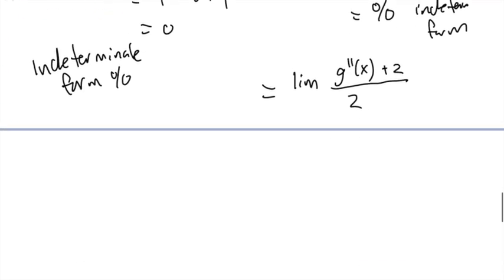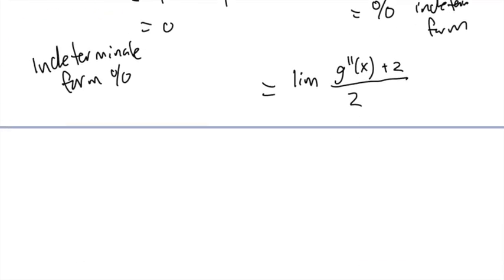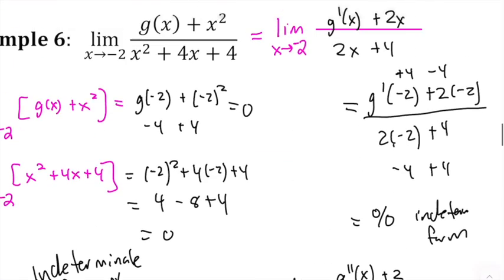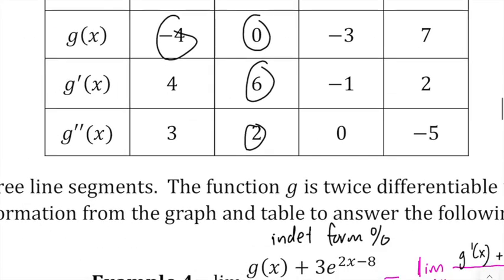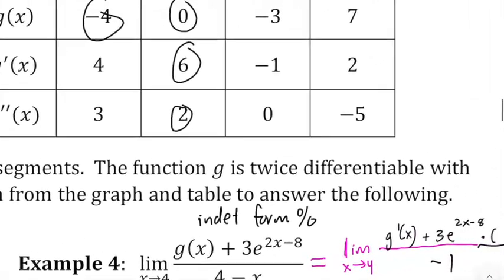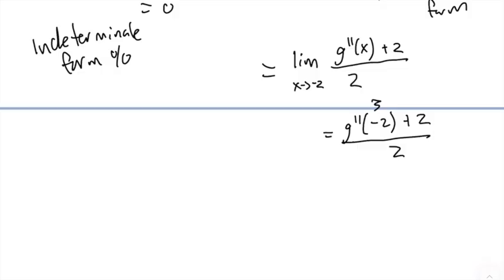So let's try again, and let's plug in negative 2. So this is g double prime of negative 2 plus 2 over 2. And I think this will be right. So g double prime of negative 2 is 3. So this is going to be 3 plus 2, which is 5 over 2. So that was the one case where we had to take L'Hopital's rule twice.